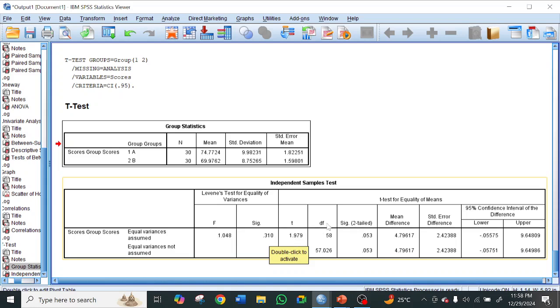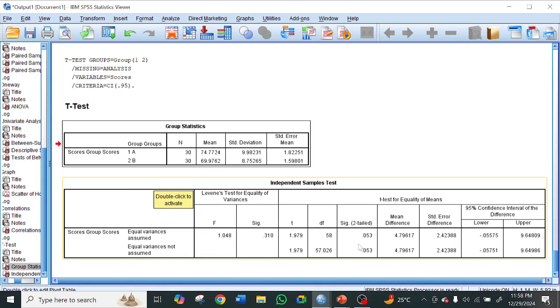Now this df stands for degrees of freedom, and it is usually the total number. In this situation there are 60: group A is 30, group B is 30, so the total is 60. Then minus the number of groups. Since we have two groups, that will be 60 minus 2, and that's why the degrees of freedom is 58.